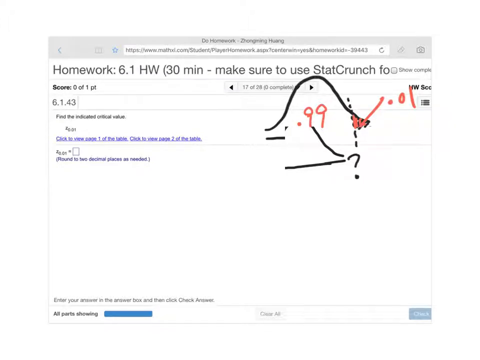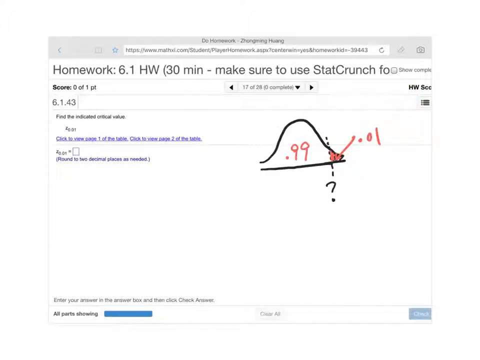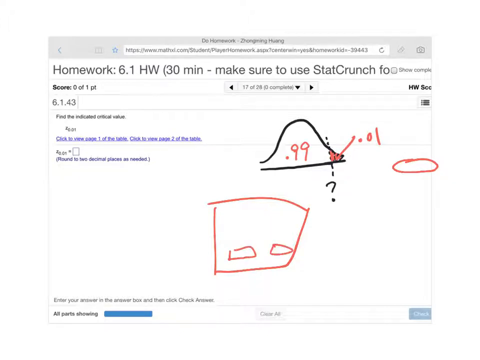So you have a couple of ways to do that. One is you can open StatCrunch and use the normal calculator. In the normal calculator you have some boxes, and one of the boxes is for the area or probability.